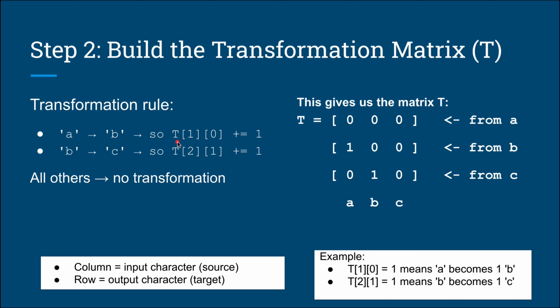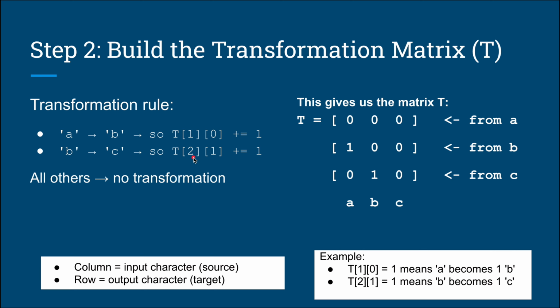So when we write T at 1 0, what does it mean? If the matrix at 1 0 is 1, it means there is a, and it becomes b. So a is becoming b.